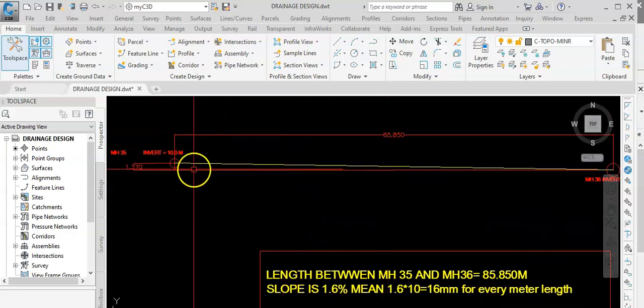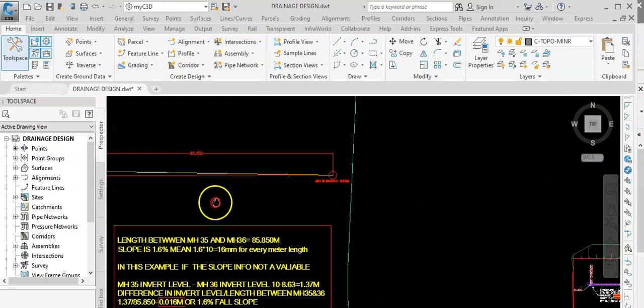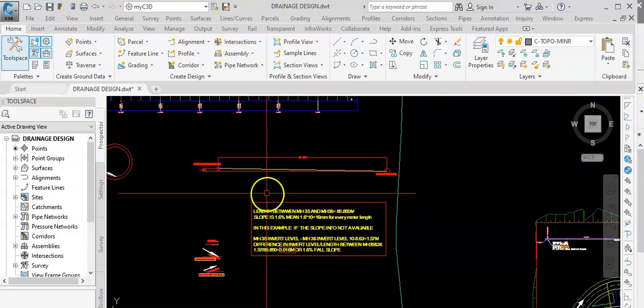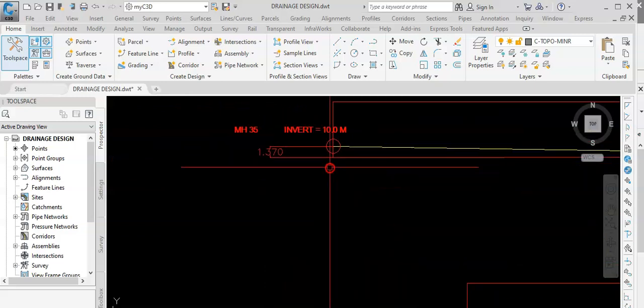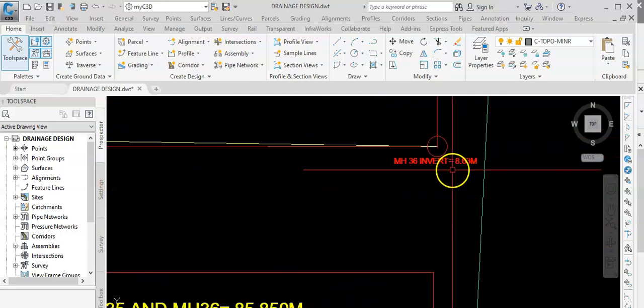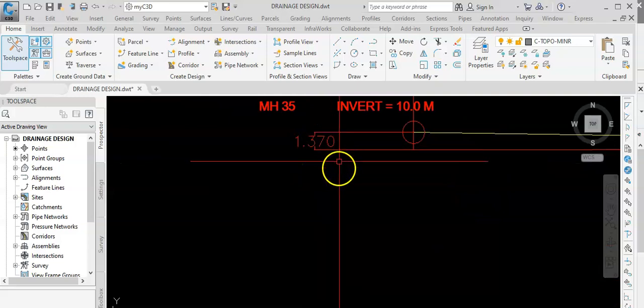This is the length. The difference in level between level 10 and level 8.63 is 1.370, meaning 10 minus 8.63 gives you 1.370.